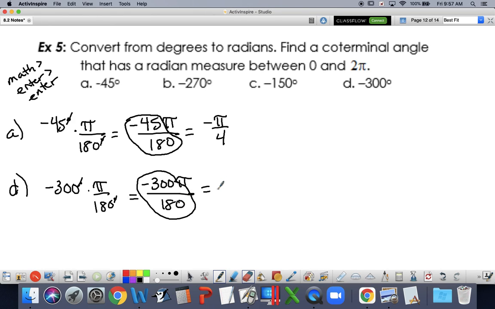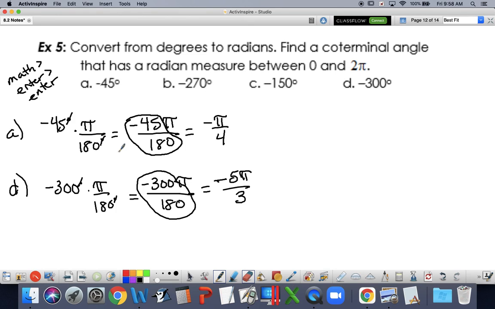It winds up simplifying down to negative 5 pi over 3. Let me just double check. I want to make sure I keep it negative, so negative 5 pi over 3. So here we've converted these into radians, and all we really had to do was multiply by the reciprocal from the previous problems.